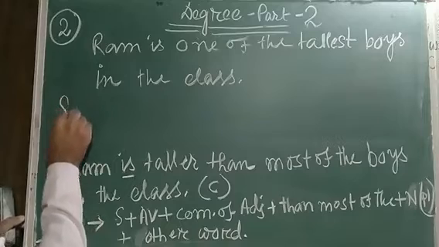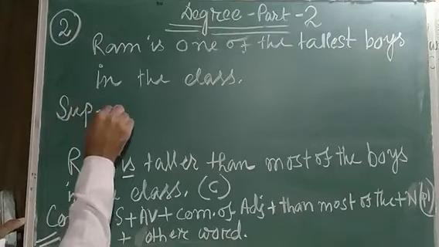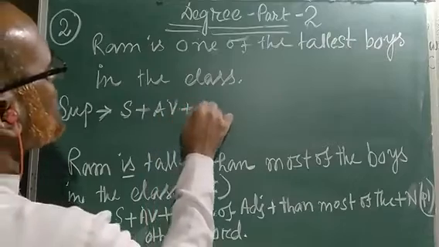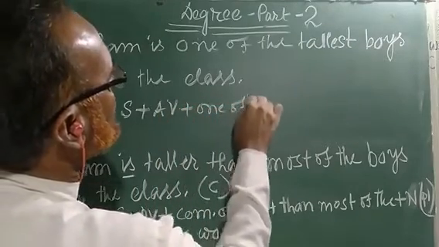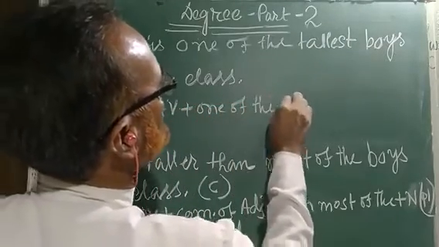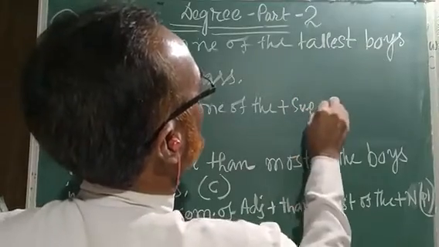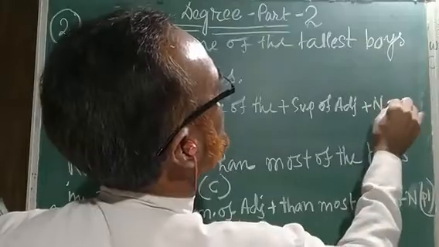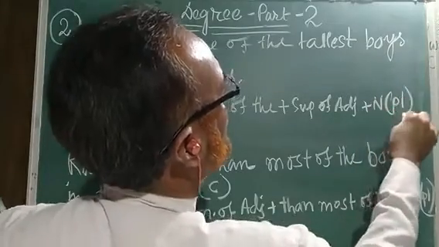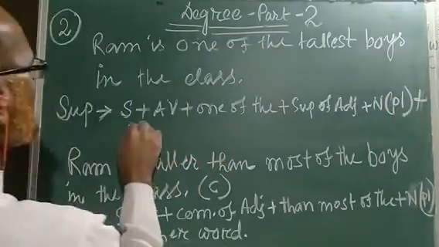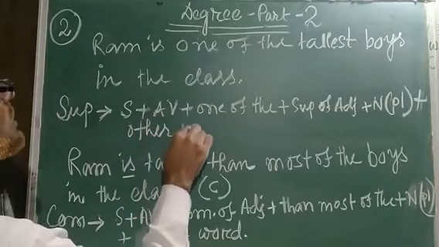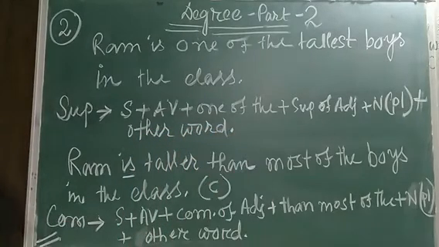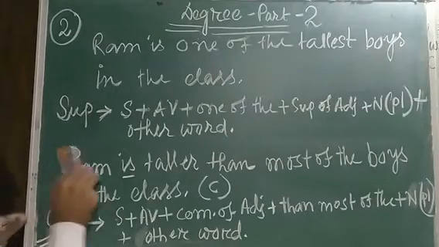Then from this we can write the form of superlative: subject plus AV plus one of the plus superlative of adjective plus noun plural form plus other word. It is the form of superlative degree.